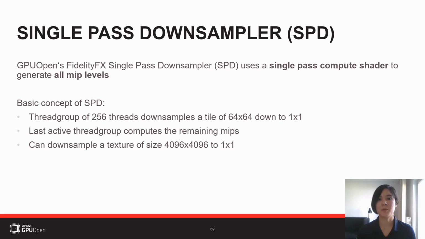Each thread group computes a patch of the complete source texture, a patch of size 64 times 64, and downsamples it to 1, and then the last active thread group does another round of downsampling. So in total, we can downsample a source texture of size 4096 squared down to 1, computing 12 MIP levels.